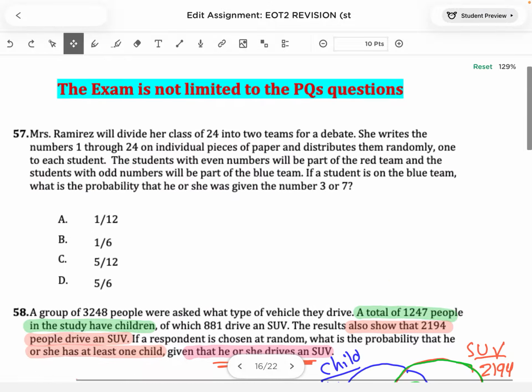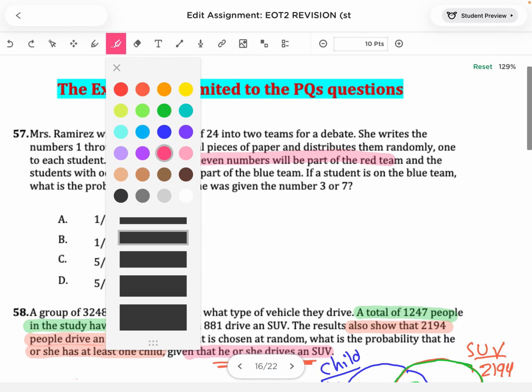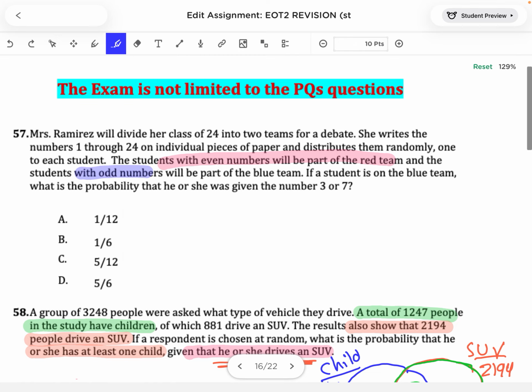Question at the top. Mr. Ramirez has 24 students. He divides the students into two teams: the red team with even numbers and the blue team with odd numbers. Every student is on the blue team.